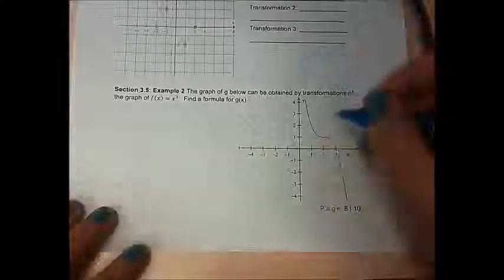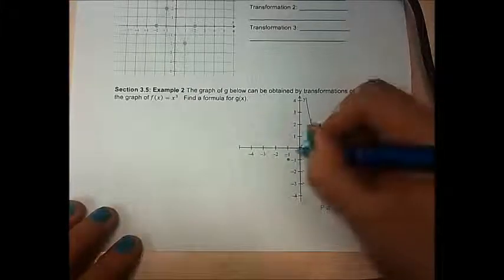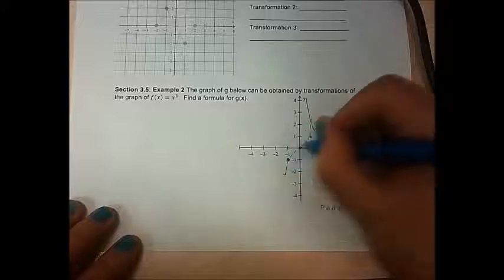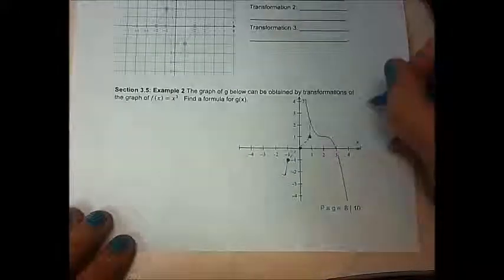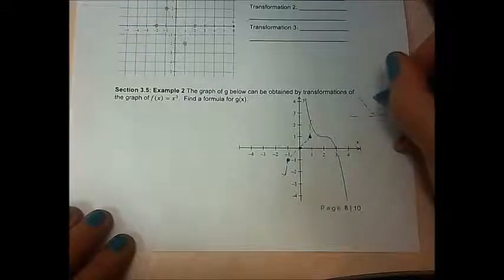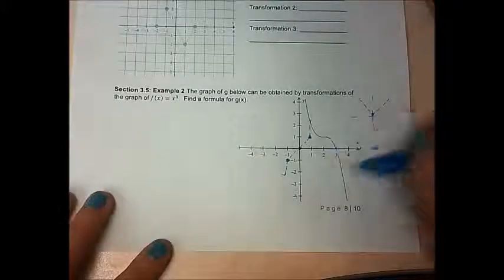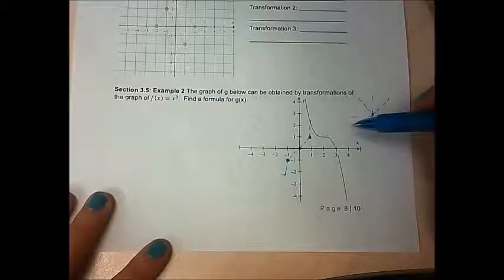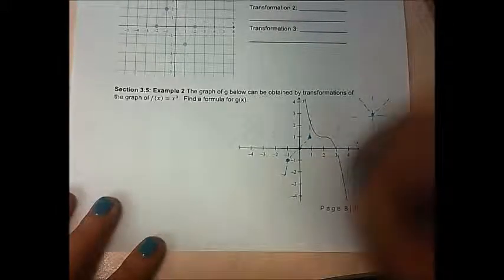Alright, so the first thing we want to think about is where this would have started. So we kind of need to know the original graph. I would pay more attention to focusing on recognizing where the absolute value one is. Hint, hint. But this was just an example from the notes. So the first thing we would have done is shifted to the right, because that's the first step.